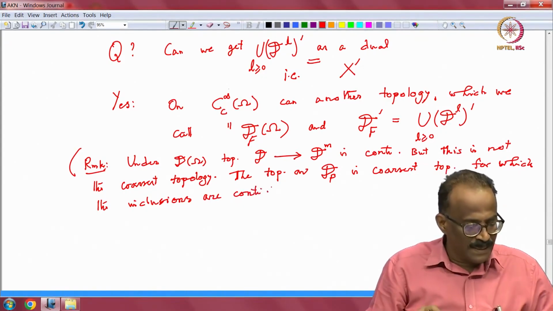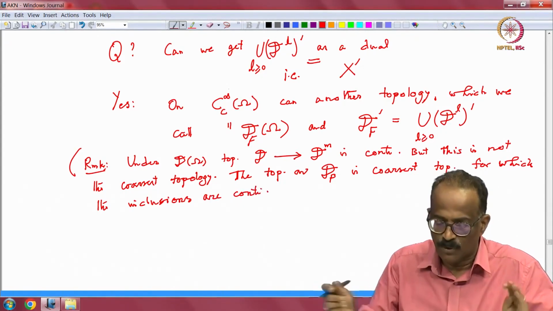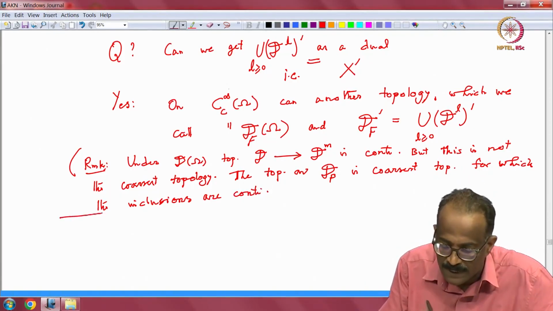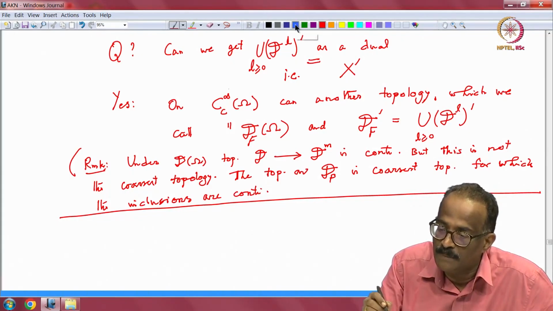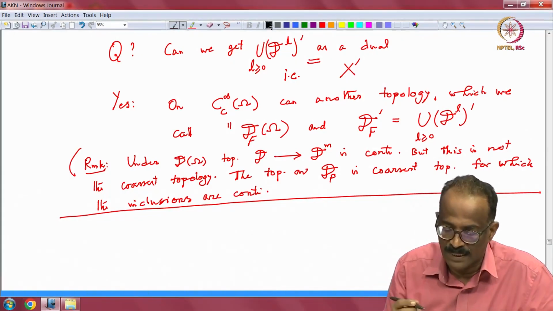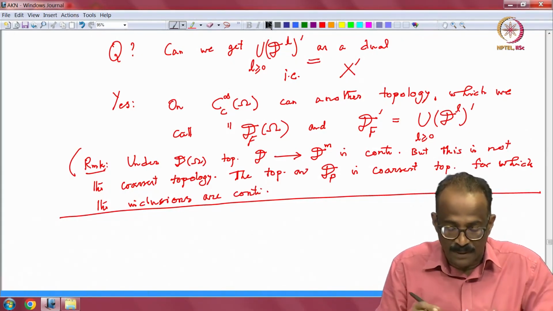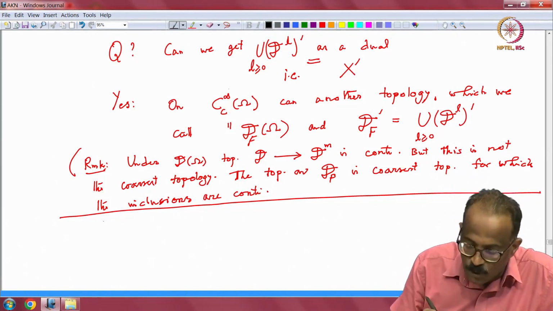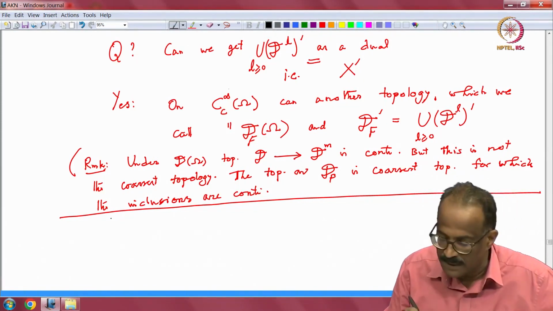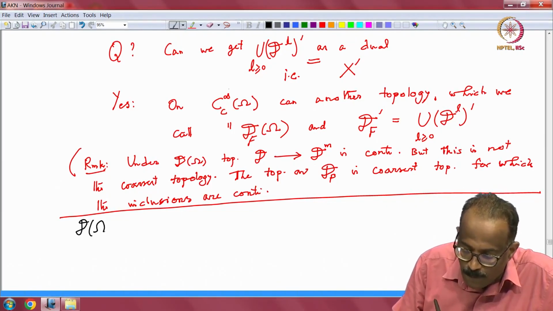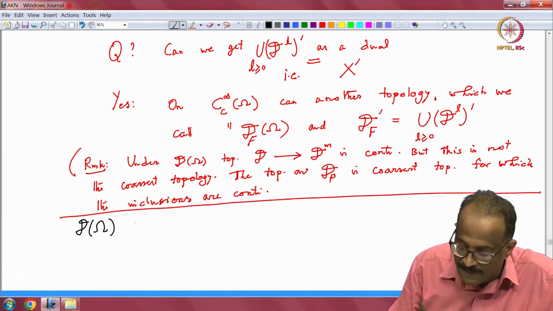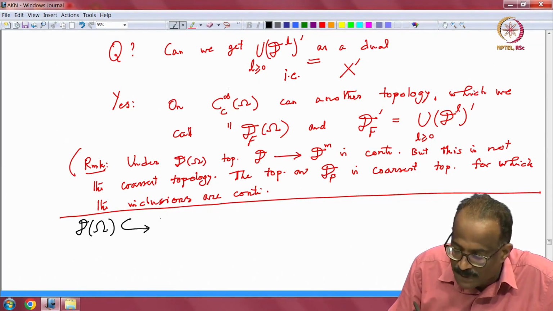So, all these discussions, let me consolidate together in terms of the inclusions. So, you have your D omega, and that is contained in D_F of omega.